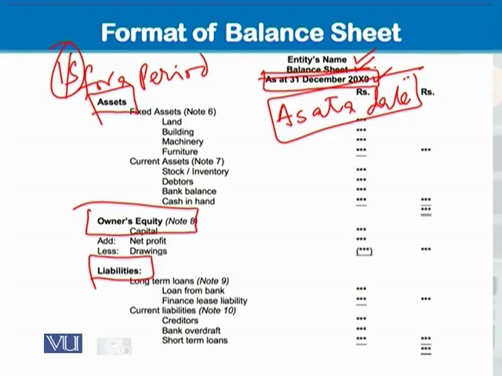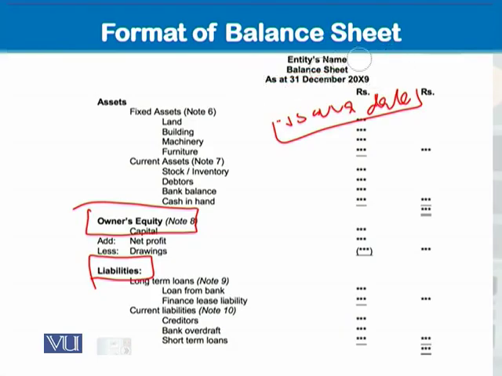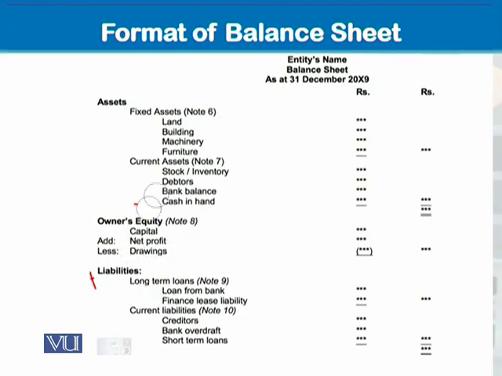So remember that the income statement is prepared for a period and the balance sheet is prepared on a specific date. Got it? We will repeat it in the next module as well, but remember this, something very important.